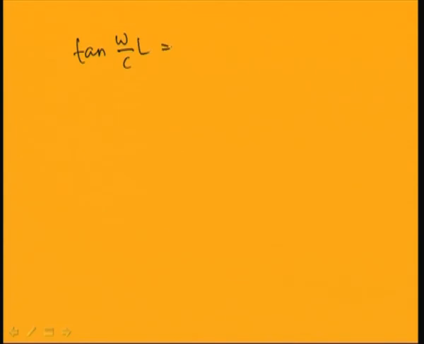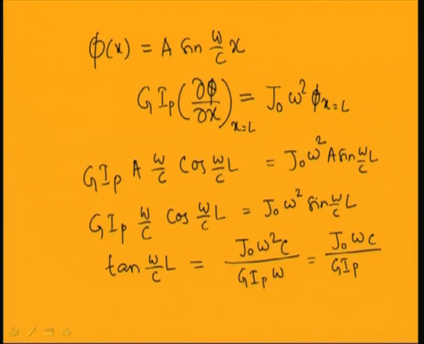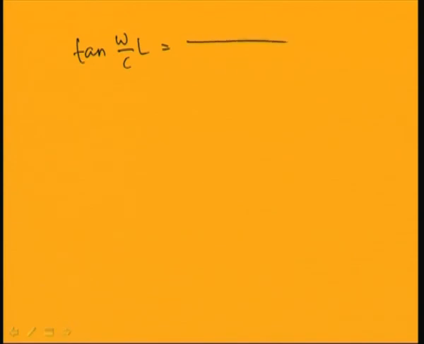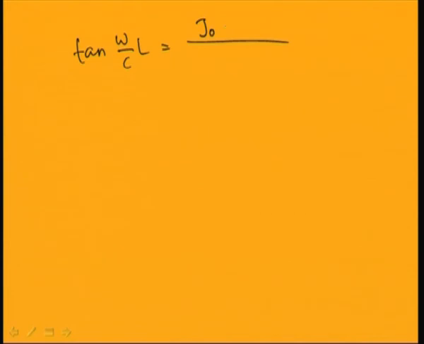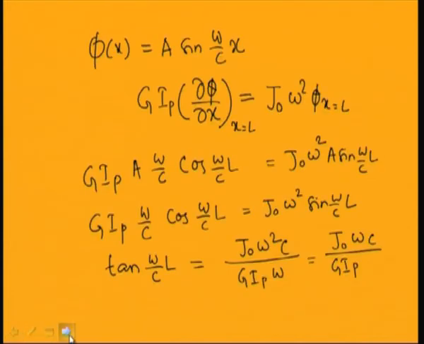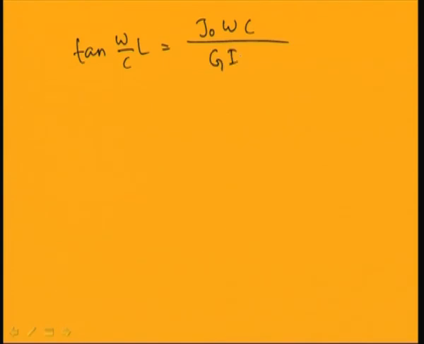equal to, so from this I can write J0 omega c by G Ip. I can substitute this value of c, where c equal to root over G by rho, and I can find this expression.